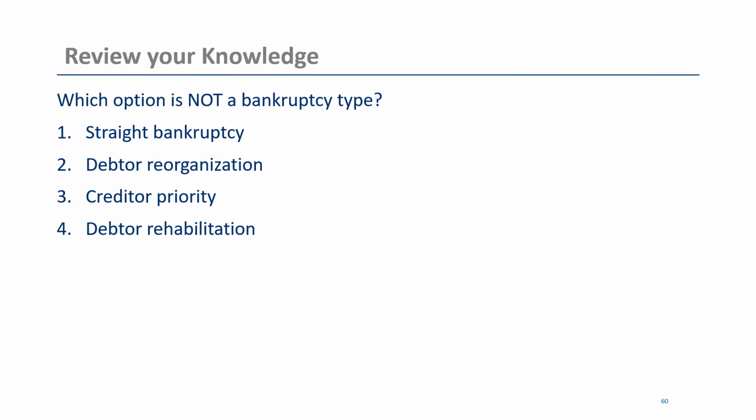Secured creditors always have the first right to payment, whereas an unsecured creditor is at risk of not receiving payment. To the extent that a secured creditor's collateral does not cover his or her claims, the secured creditor becomes an unsecured creditor.